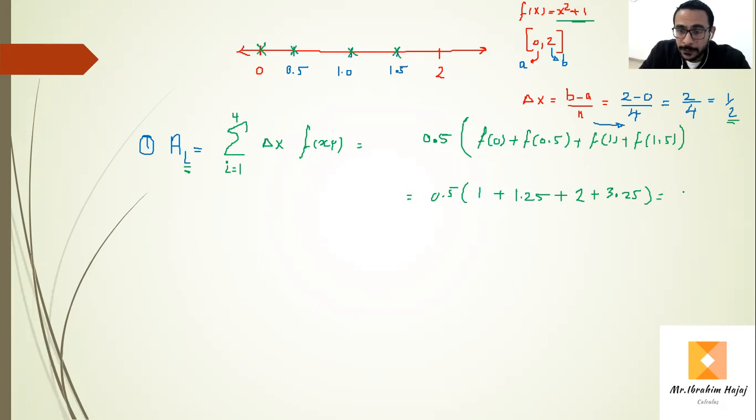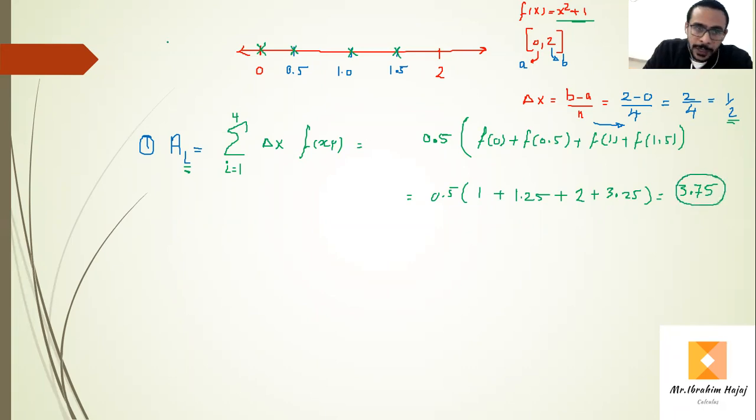Yes, what's the answer? 1 and 1.5 and 3.25 gives here 7.25. 7.25, half of it equals 3.625, or about 3.75.